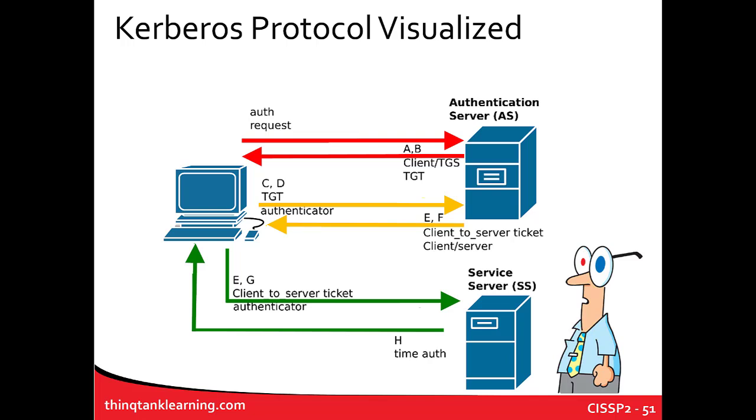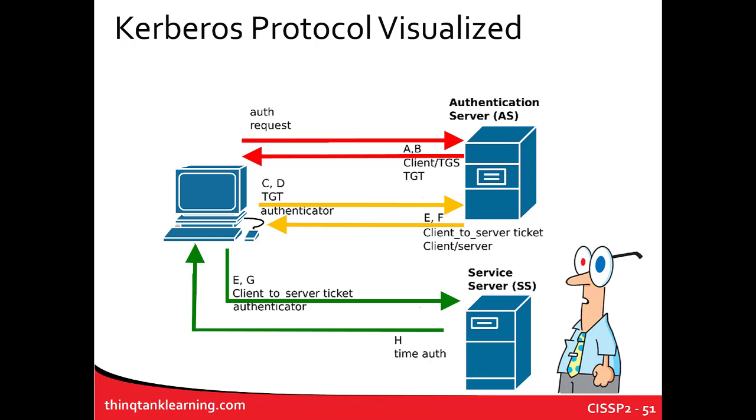D is where we're doing the request to access a service. The client sends the ticket granting ticket and an authenticator, which in this case is just a time-stamped proof of identity, to the ticket granting server. This proves that the client is still valid and it's requesting access to the SPN, the specific service.